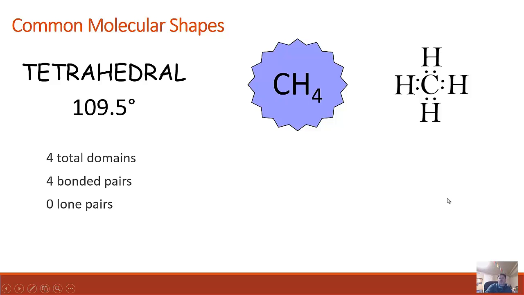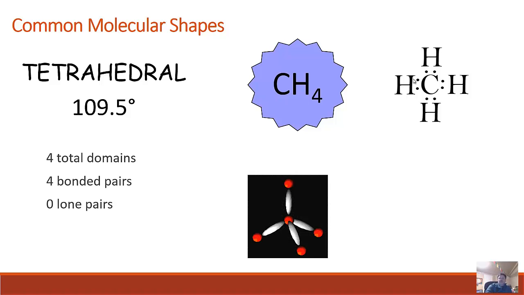So when we look at our 3-dimensional shape, it's about 109.5. It's not the 90 degrees, because now we've gone from flat into a 3-dimensional shape, and that's just something you're going to have to memorize. So this is what our 3-dimensional shape looks like. It's not flat, but in that kind of pyramid type shape. There's another better way of looking at it as well.